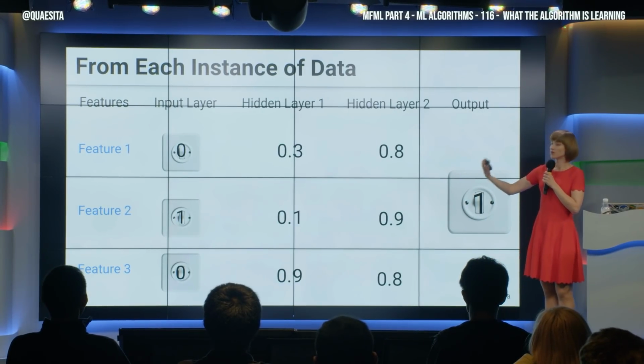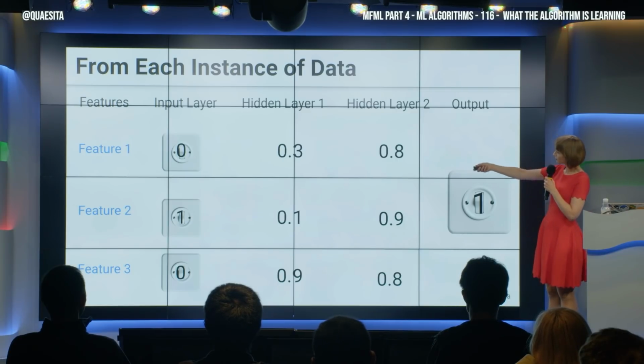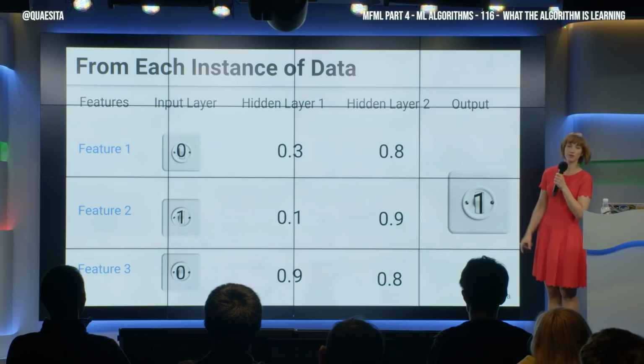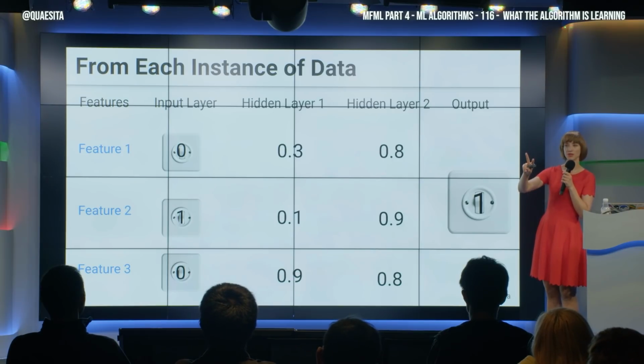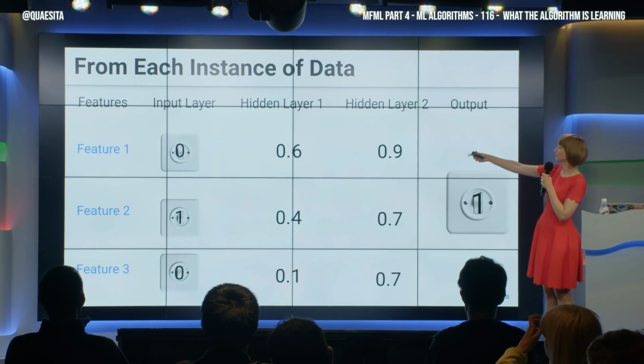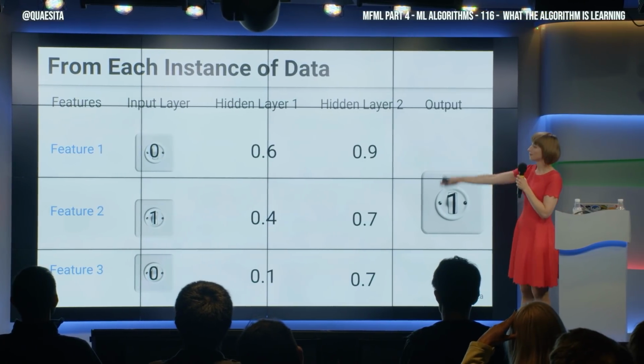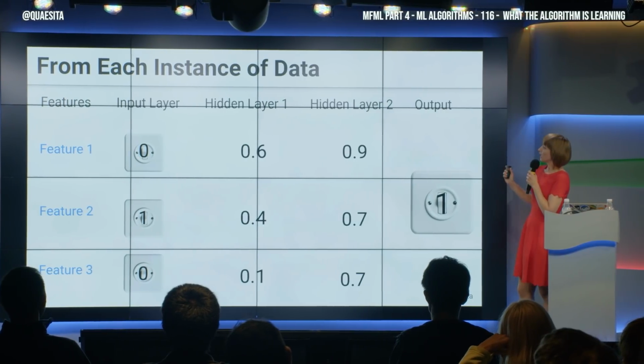And so as your network evolves and changes and learns, because it will learn from each individual data point in the simplest implementation, then you might have the same input values for 2 data points, but because the network has changed in between them, you might have different hidden layer activations. So that's all from the individual instances.